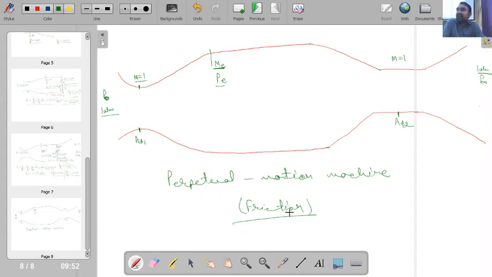Second important point is, we know that if I have a supersonic flow here, and then I am having a converging section, what will happen?